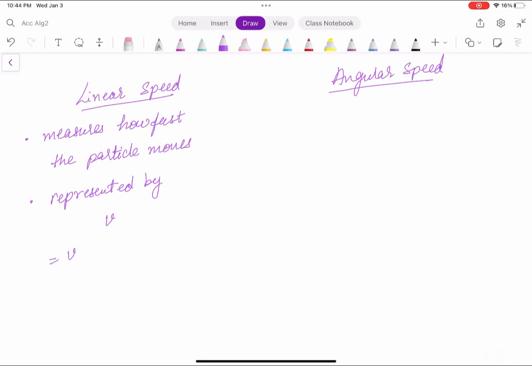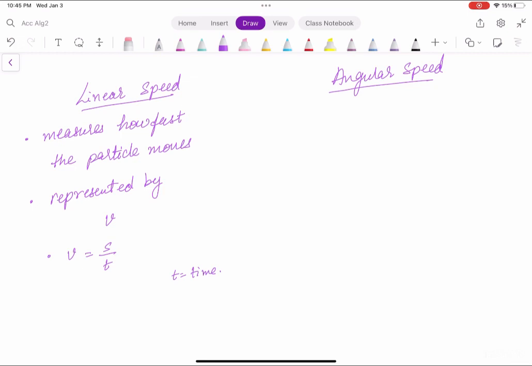What is v? v is arc length divided by t, where t is time. So when you divide arc length by time, that becomes the linear speed.